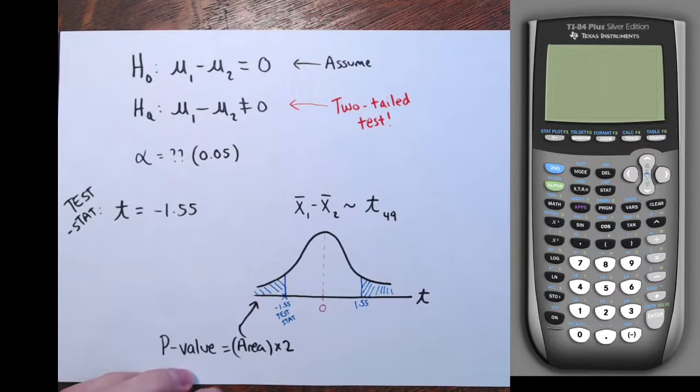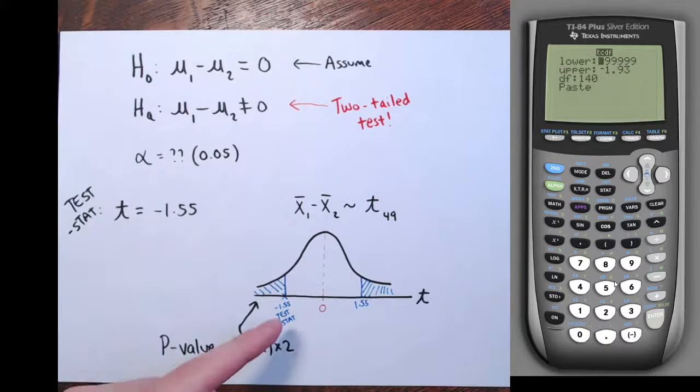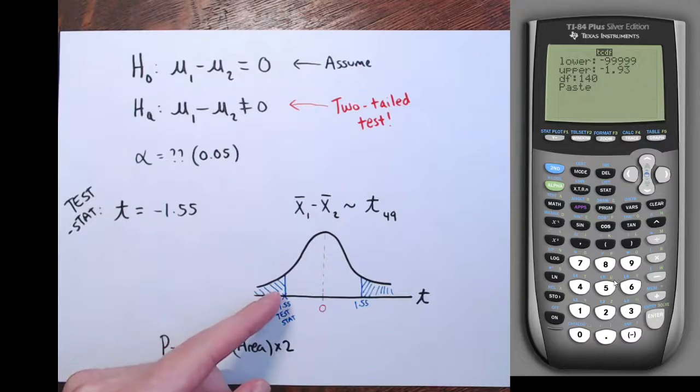Alright. Now I could find this with the calculator. I got the calculator pulled up already. And you were finding area under a t distribution with 49 degrees of freedom. So I go to that distributions area and down to tcdf, right, number 6, that's area under a t-curve. Now I'm trying to find this area to the left of my test statistic first, negative 1.55.